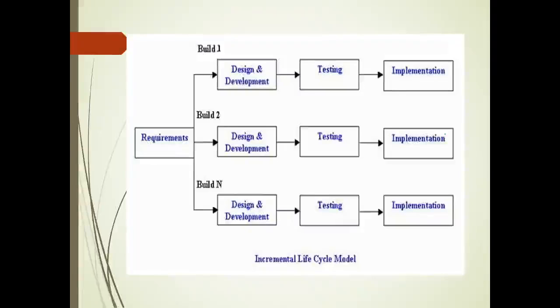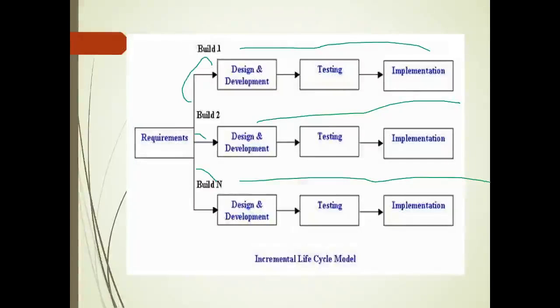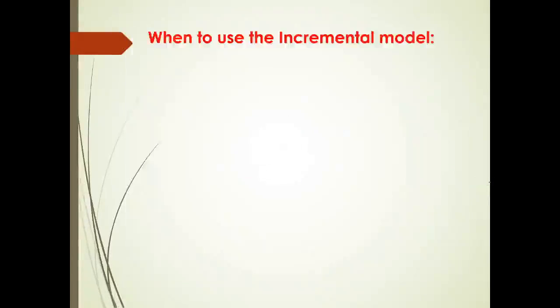You can see another diagram here. You can also call this a build: build 1, build 2, build 3 and so on. Design and development, testing, implementation are done for each module, and then a final product will be ready.